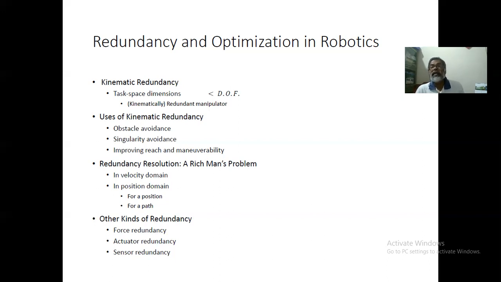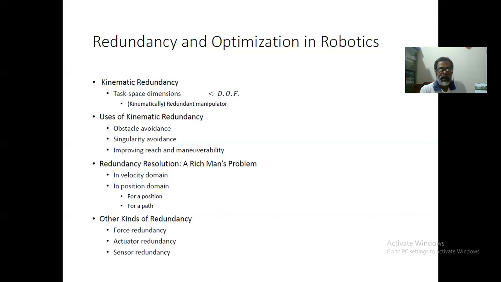Now you have infinite solutions, so you have to choose one out of that. So in a way, redundancy resolution is a rich man's problem. The choice of one solution out of infinitely many possible solutions is called redundancy resolution. You work out an action plan to choose one out of infinitely many possible solutions.